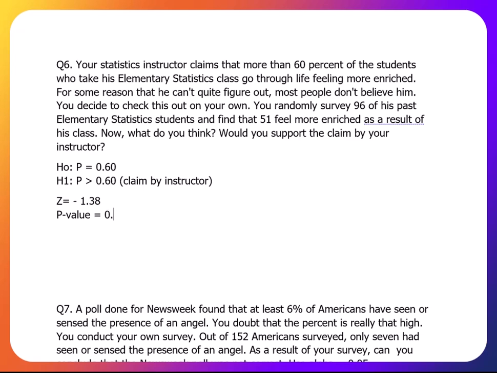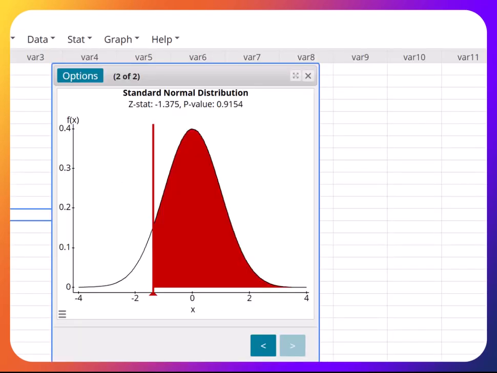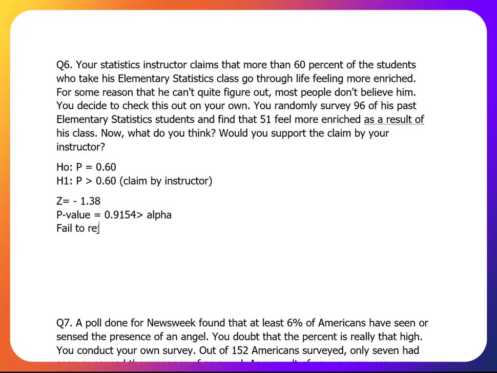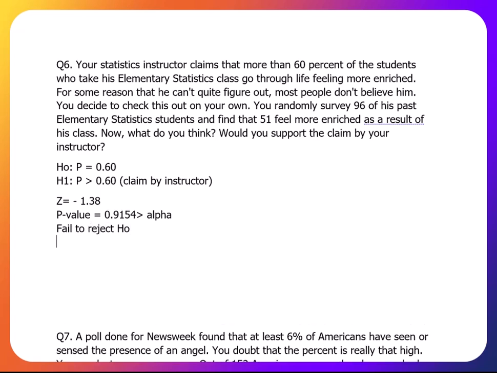So I forgot what I put there. 0.9154. Of course, this is bigger than any alpha. So we fail to reject H0. And what's the conclusion? There is not enough evidence at the 5% level of significance to support the claim by the instructor.